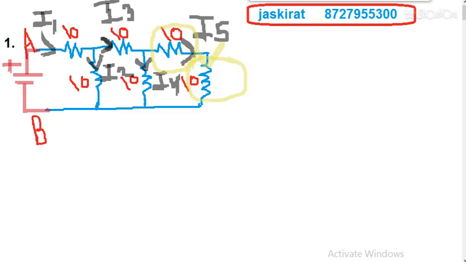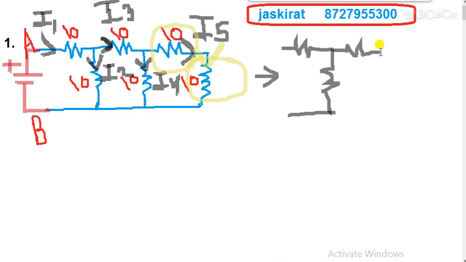So I am making one diagram. That will be its next diagram. So here I will get one resistance, then a second resistance, this is point B, then another resistance, then one resistance here. This 10 and 10 will make one resistance of 20, because this is 10 plus 10, these two are in series.